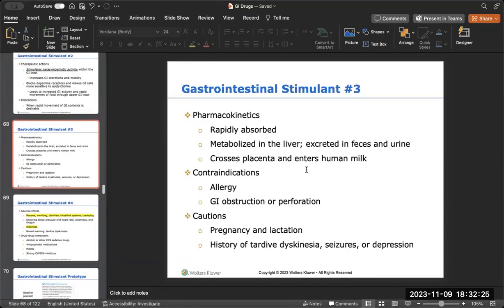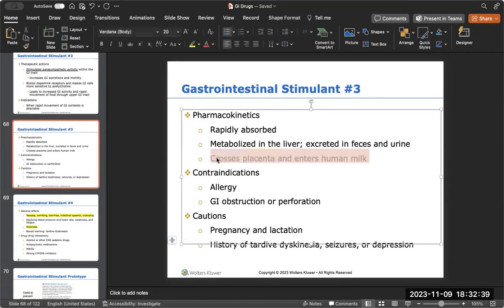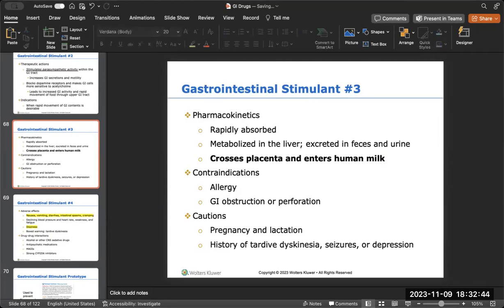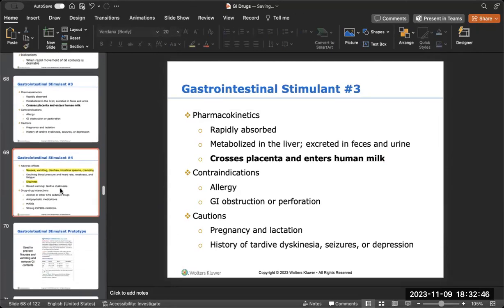So it's rapidly absorbed. Contraindications include allergy or any sort of GI obstruction. You're starting to see a pattern of contraindications: no GI problems if you're giving GI drugs, because this is how they work. And this drug crosses the placenta, so we don't want to give it to pregnant people, okay?